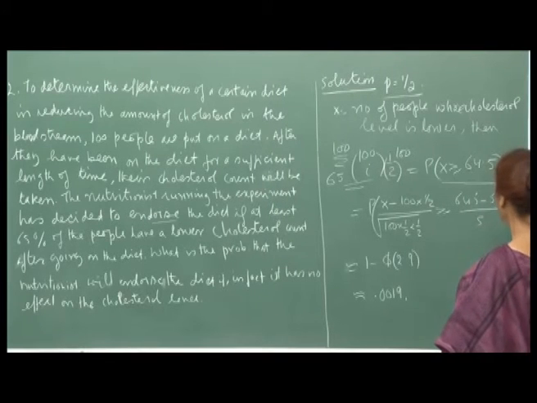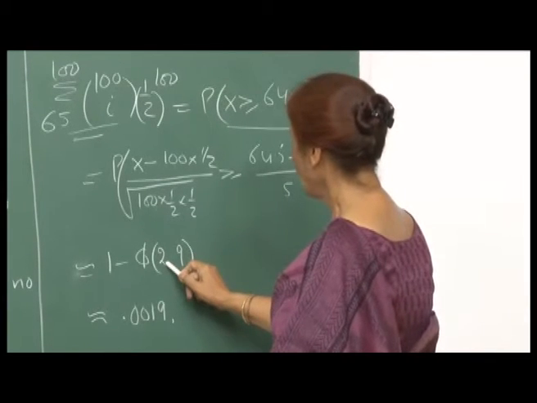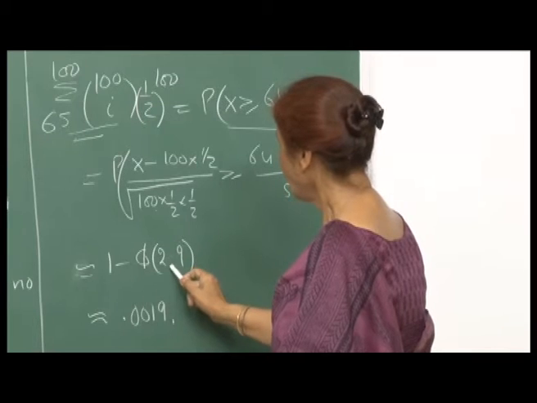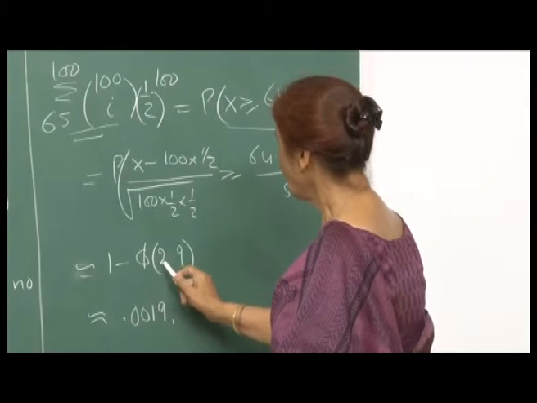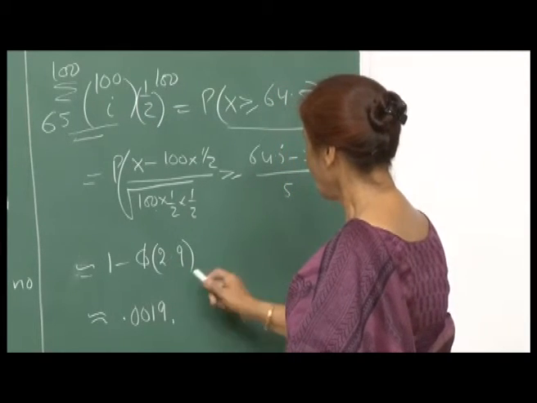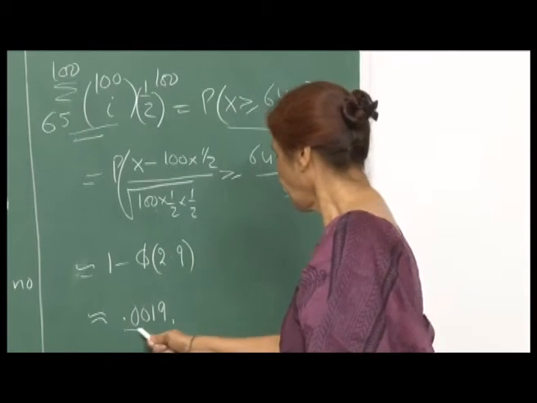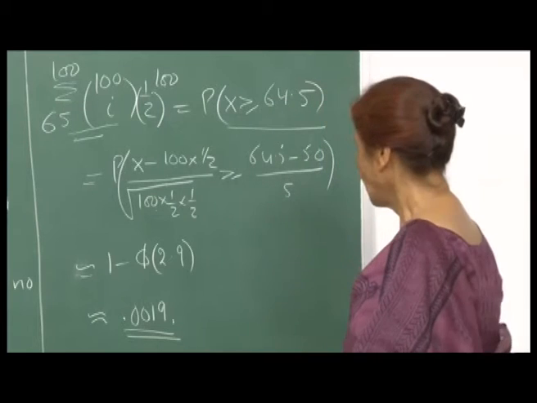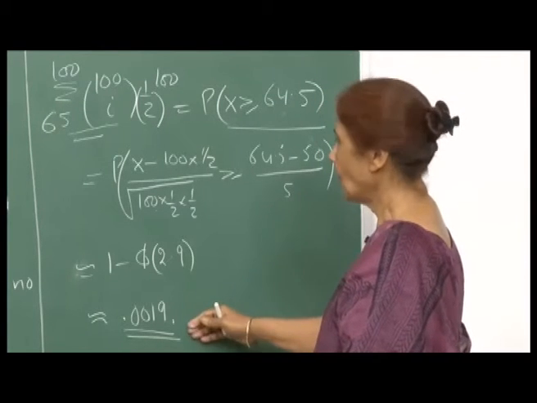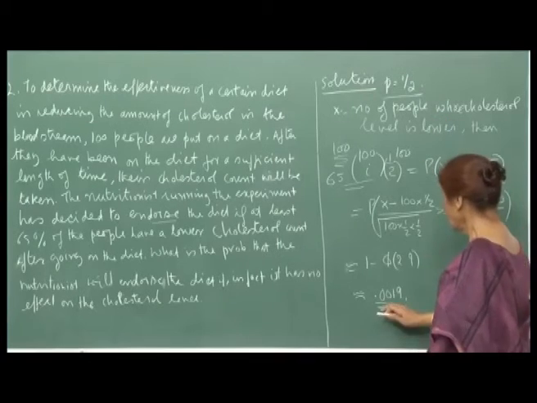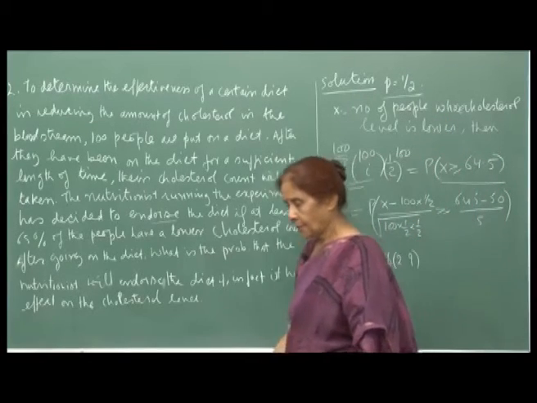So, this is what you are looking for. And this number comes out to be 2.9. So, the required probability is 1 minus phi of 2.9, the standard normal probability from minus infinity to 2.9, and this comes out to be 0.0019.